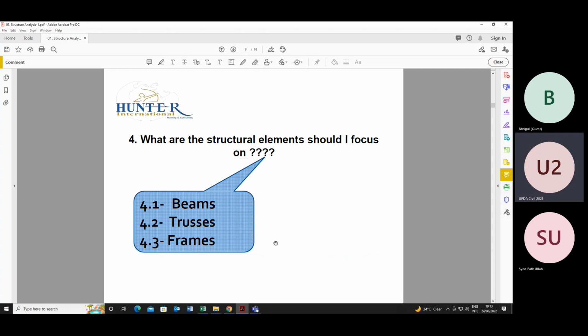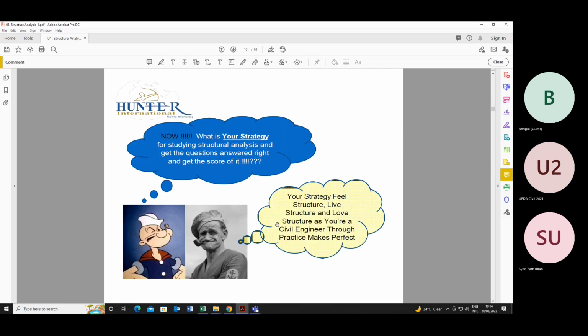What are the structural elements I should focus on? Basically, there are three elements: beams, trusses, and frames. Questions we will get on these types. Mostly it will be from beams. There are a few questions on trusses and frames as well. So on beams, you can get more questions.